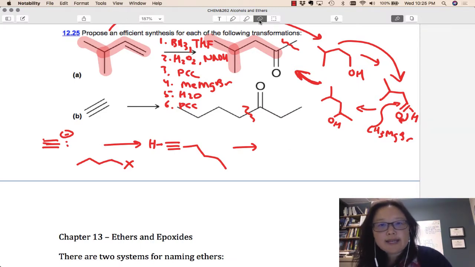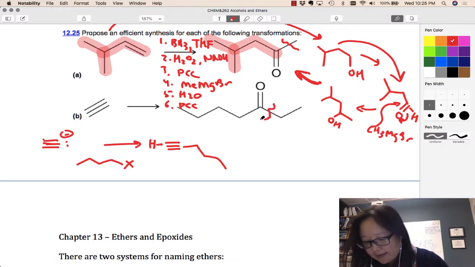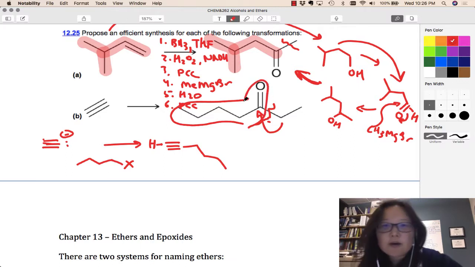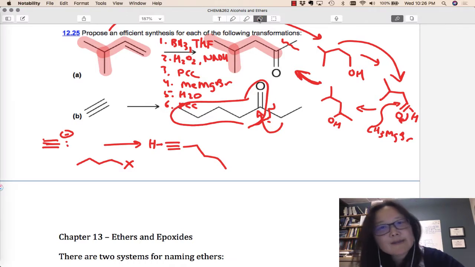And so instead of cleaving it here, maybe I should think about Grignard, and this can attack here, and then I can use that idea. So maybe I need to make a longer chain first. So I'm going to use this as my basis for 2 carbons. That means I only need to add 1, 2, 3 more carbons. So I'm going to go to 3 carbons.